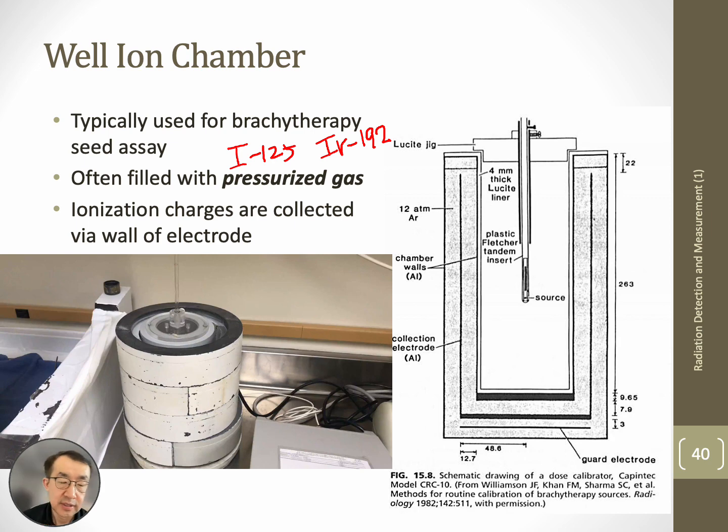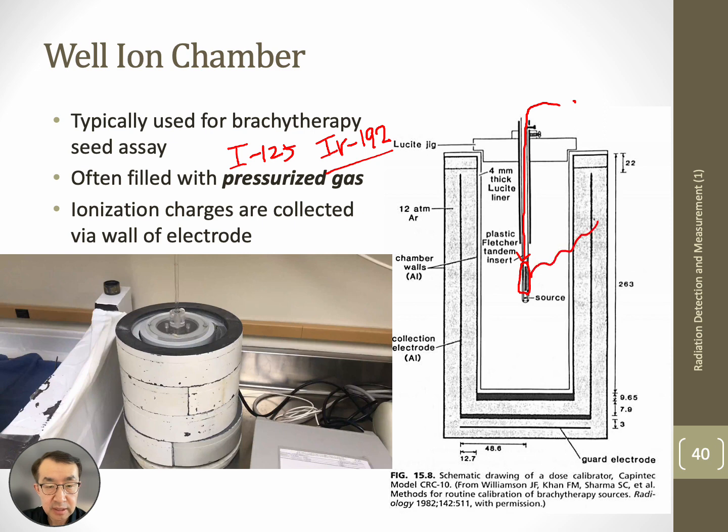Okay, so you see the cross section of the well ion chamber here. The well itself is often filled with pressurized gas to increase the signal to noise ratio. So you drop a seed, or the HDR source that is connected to the cable, and it goes into here.